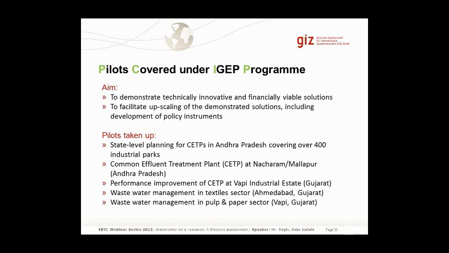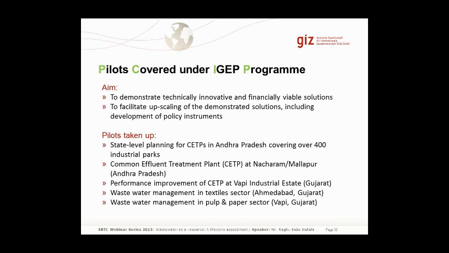We, under the IJA program, have taken up a couple of pilot plants to demonstrate technically innovative and financially viable solutions. And we would like to use these pilots to upscale and demonstrate solutions and also to look into the policy instruments that can help the government to take this subject in a bigger way.